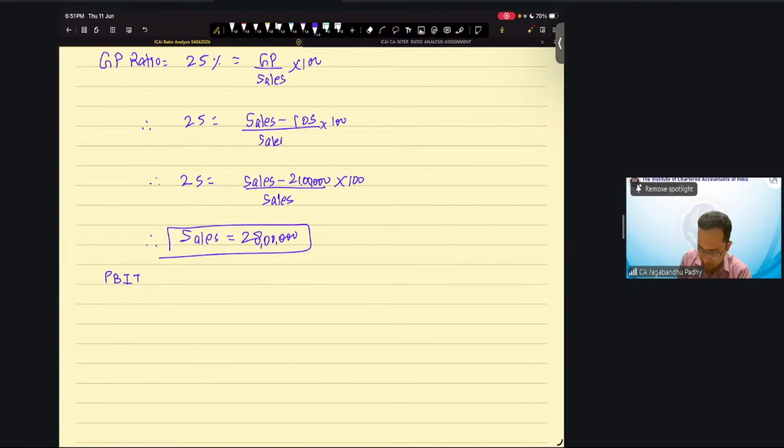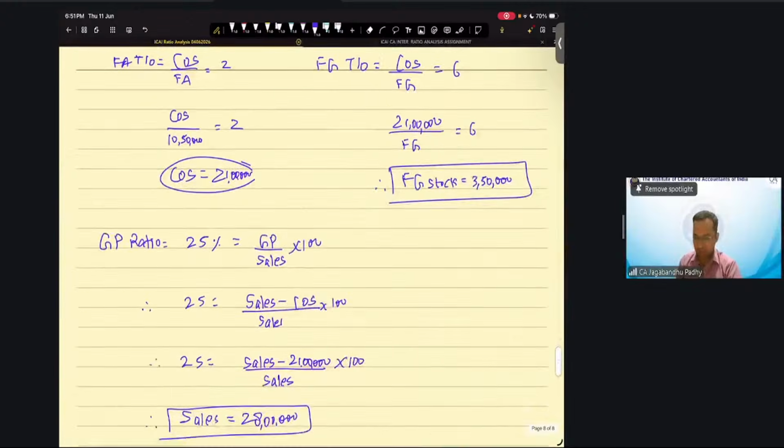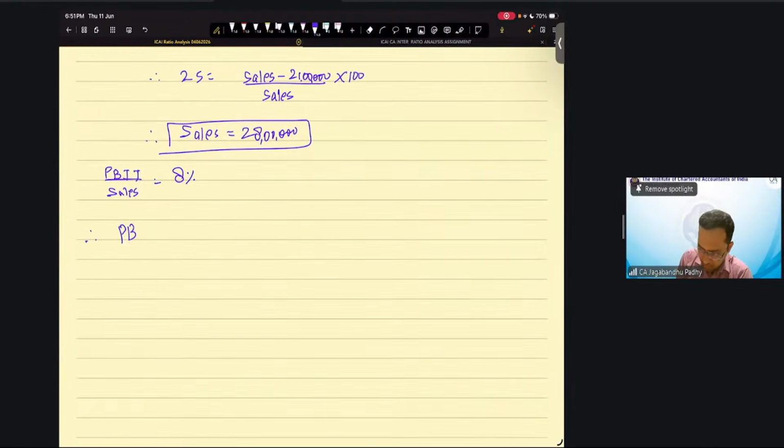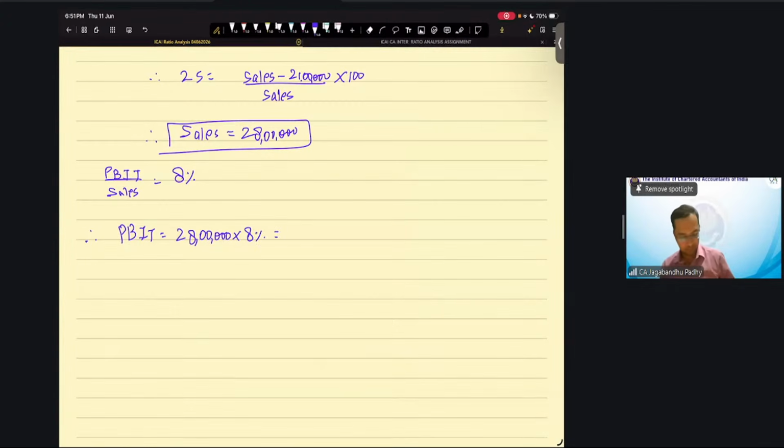Profit before interest and tax is 28 lakh into 8%, which is 2,24,000.